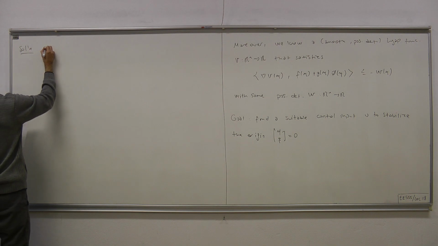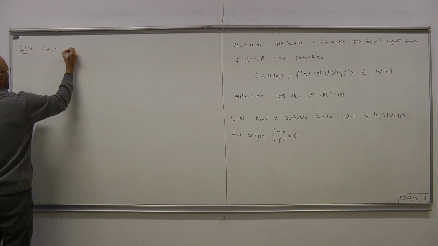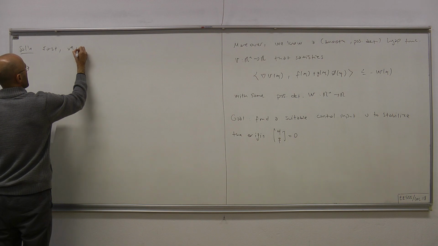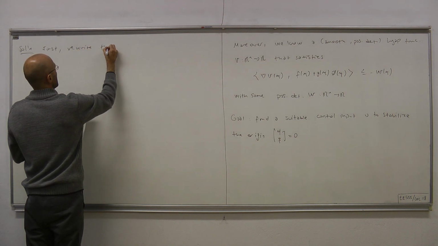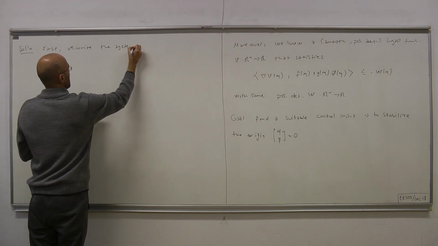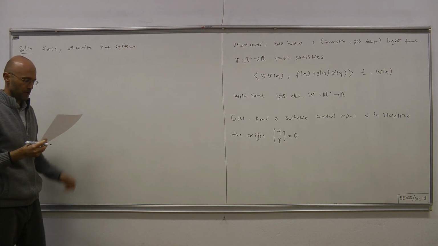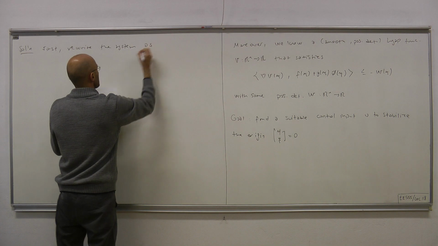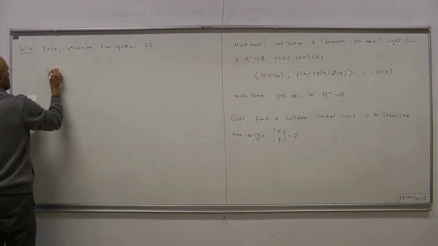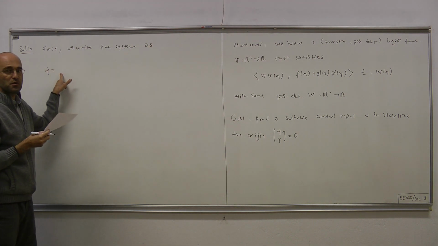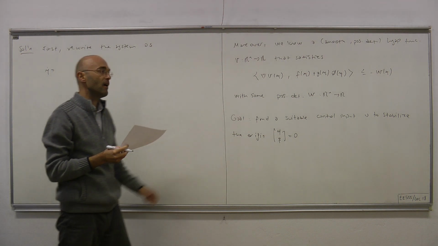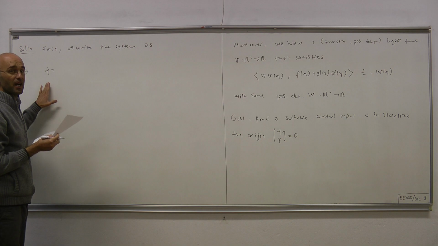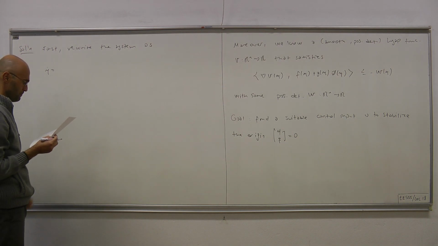Solution. First, rewrite the original system, that is the differential equations describing the system, as eta dot equals f(eta) plus g(eta) times xi, and xi dot equals the control input.